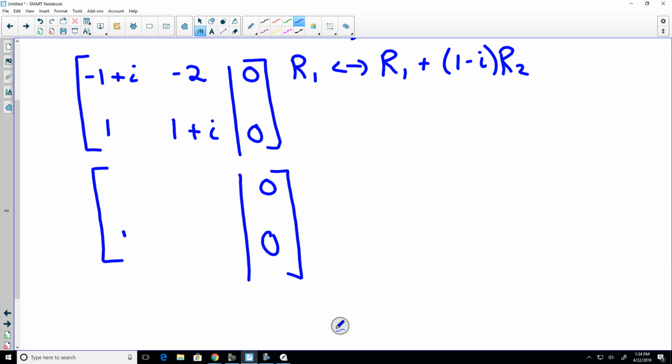So row 2 doesn't change. So when I multiply row 2 by 1 minus i and add it to row 1, all that will cancel out and leave me with 0. Do you agree?